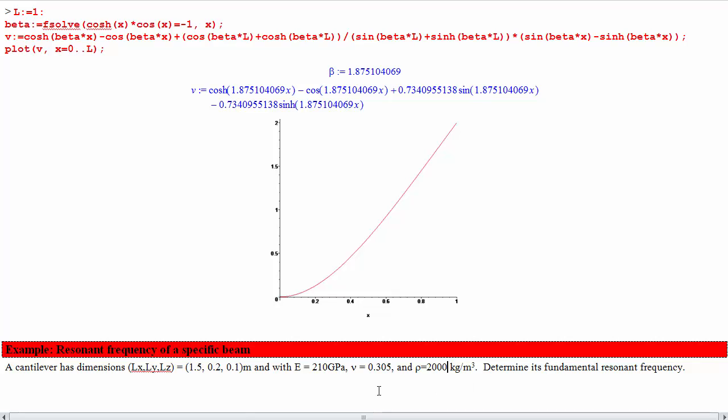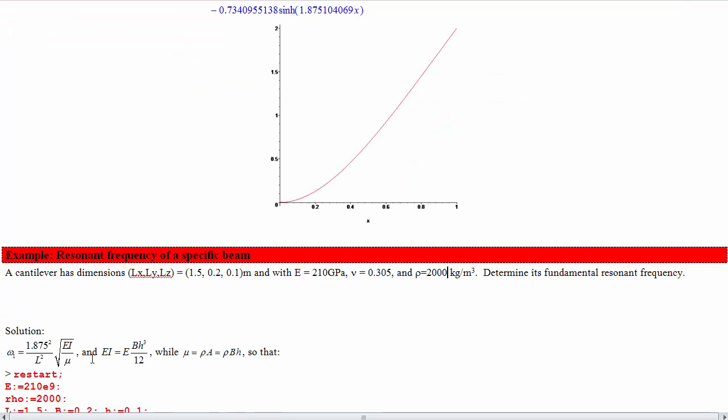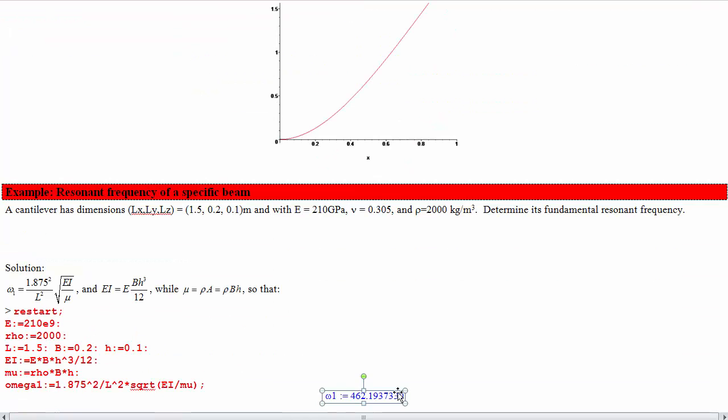So picture this beam that's similar to steel but a little bit lighter. What's the resonant frequency of this beam? 1.5 meters long. Okay, substituting in the numbers we found, we can calculate that the resonant frequency is 462 rads per second. All right, there we go.